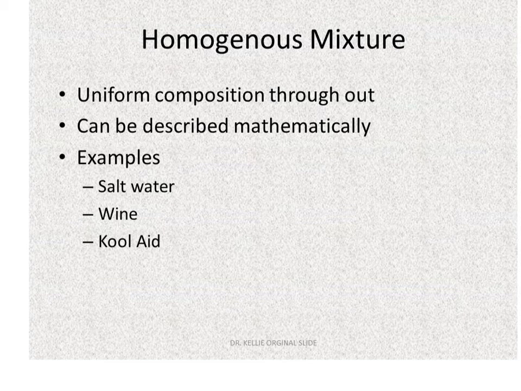A homogeneous mixture is a mixture whose composition is uniform throughout, meaning that it is the exact same in terms of its makeup in all parts. It can be described mathematically because it is uniform in its composition. Therefore, we as chemists like dealing with them.